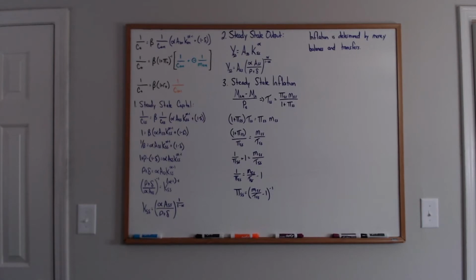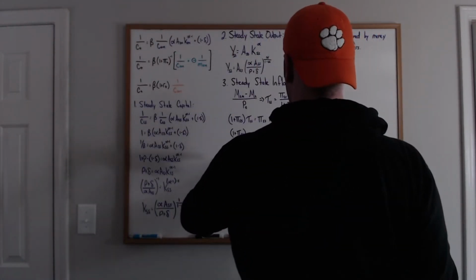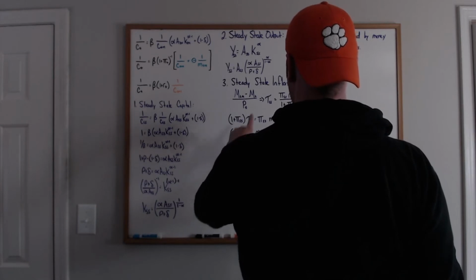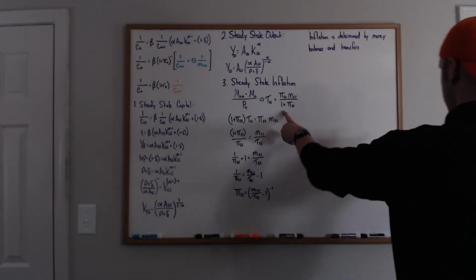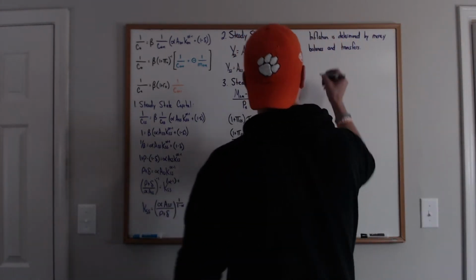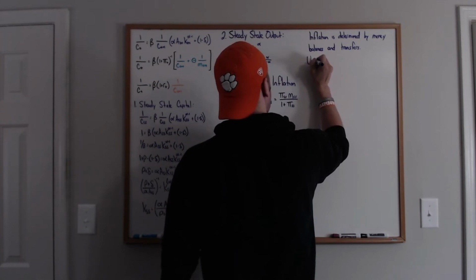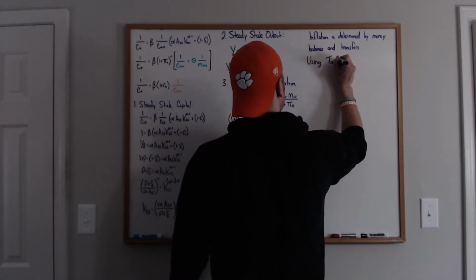Now, in the notes, it says that using, let's see, what is it? This identity right here, we use this identity, it actually reduces the constraint. So the steady state for transfers net of taxes.